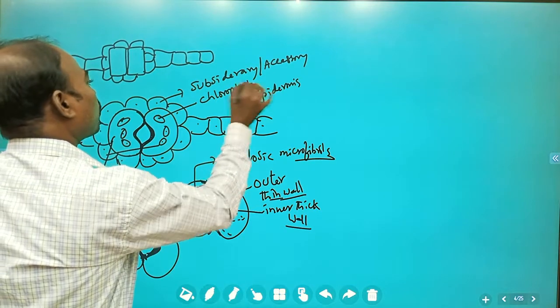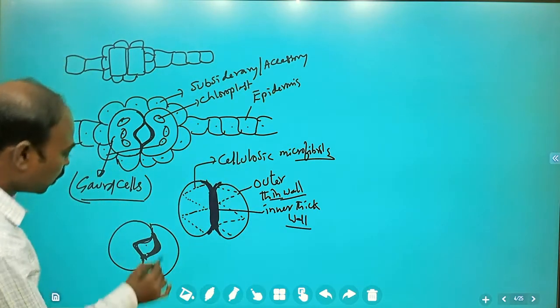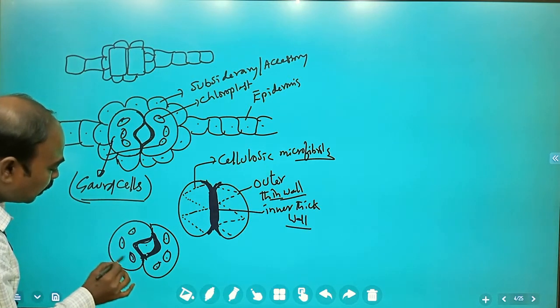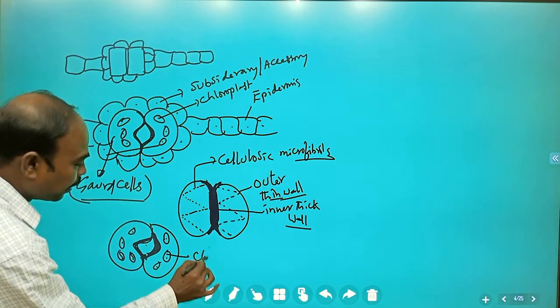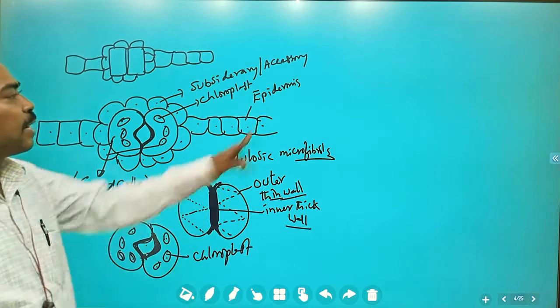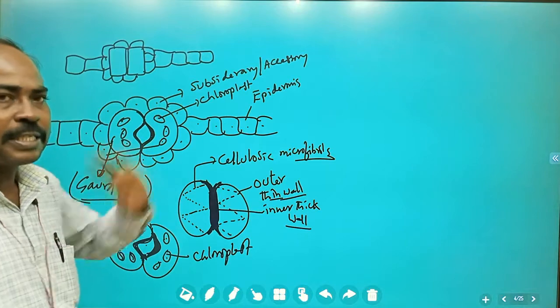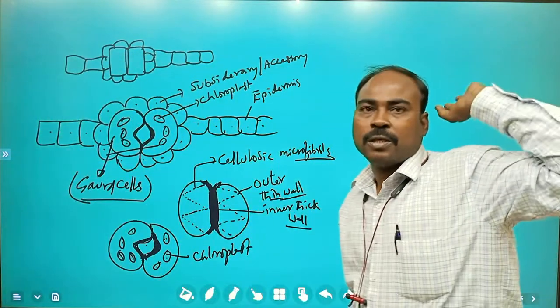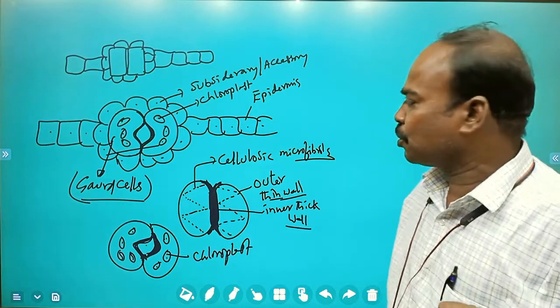So the presence of chloroplast is an important character of guard cells. Within the guard cells the chloroplasts are present. These chloroplasts participate in photosynthesis. The remaining epidermal cells and subsidiary cells do not have chloroplast. Only guard cells have chloroplast.